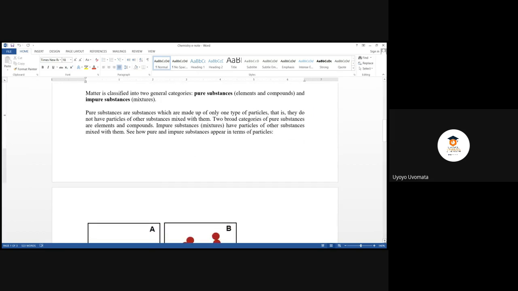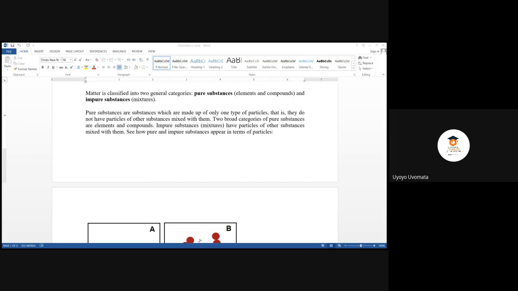It is made up of tiny particles. And as stated, some of these tiny particles could be atoms, some could be molecules, some could be ions. And yet some substances could be made up of a combination of two or three of these kinds of particles.